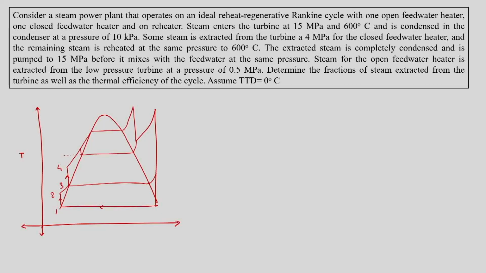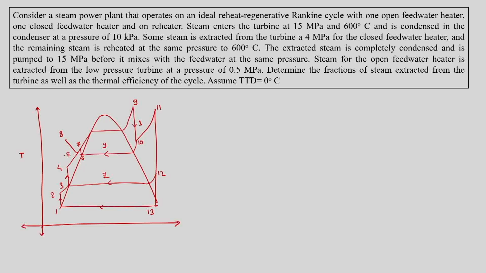So, 5 will be at the same temperature as here. So, this is 6 to 7, and then in between there will be 8. And then we will have 9, then 10, 11, then 12, then 13. So, we will pretend that here Y steam is extracted and here Z steam is extracted.